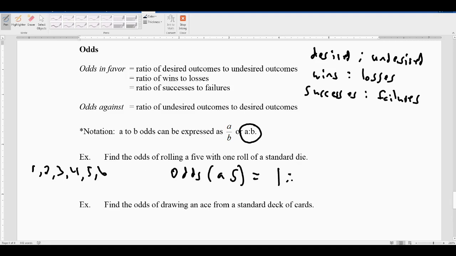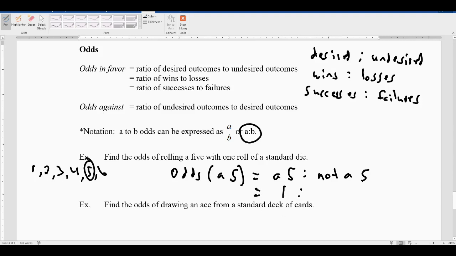And how many ways can you not roll a 5? So let me write that out, so you can make sense of this. So it's rolling a 5 to not a 5. That's a good, easy way to think about it. So how many ways can you roll a 5? Well, there's just this one way. That's 1.